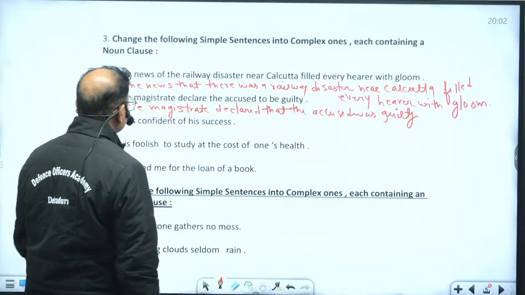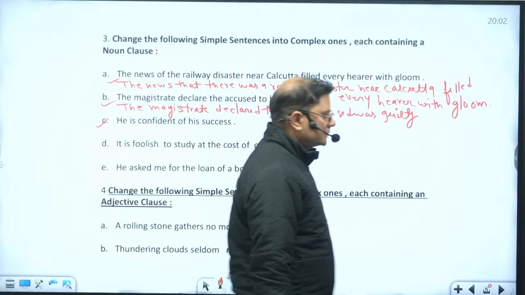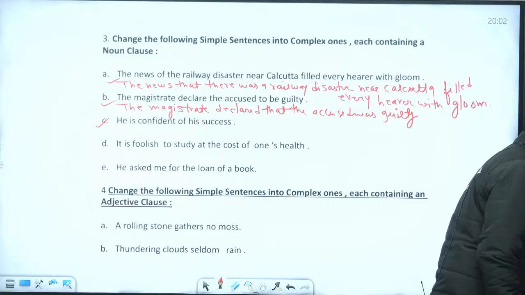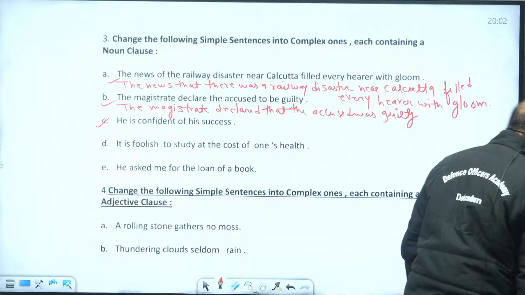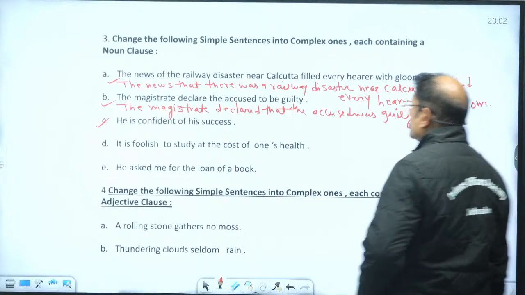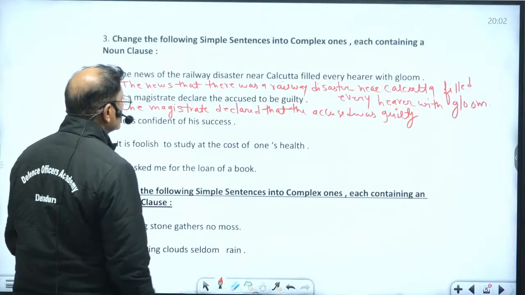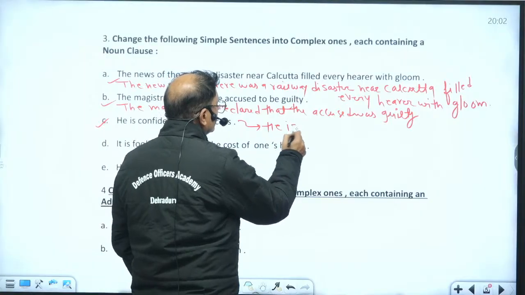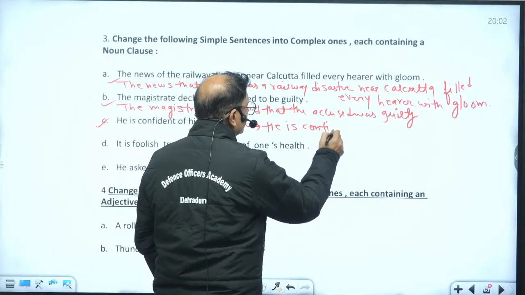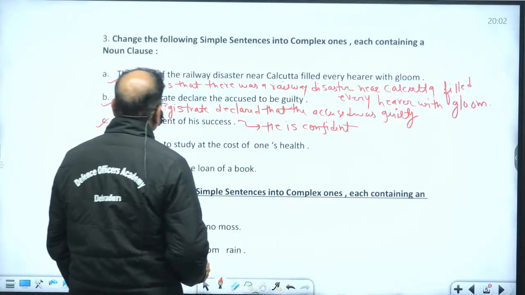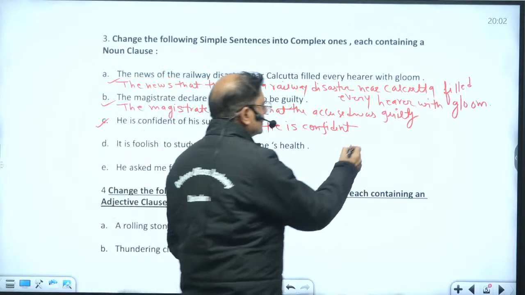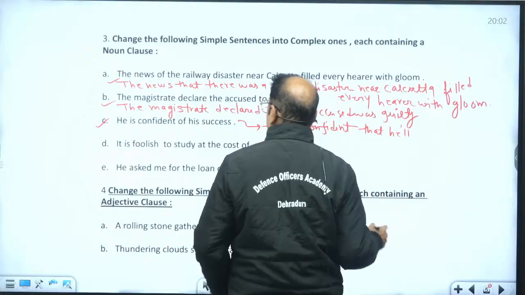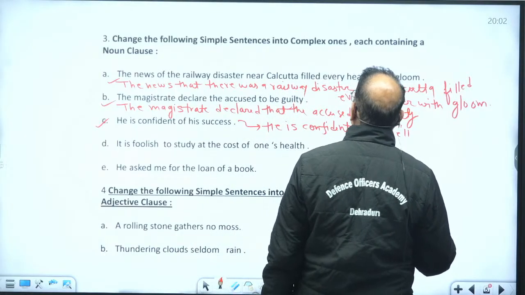Number C, he is confident of his success. He is confident that he will succeed.